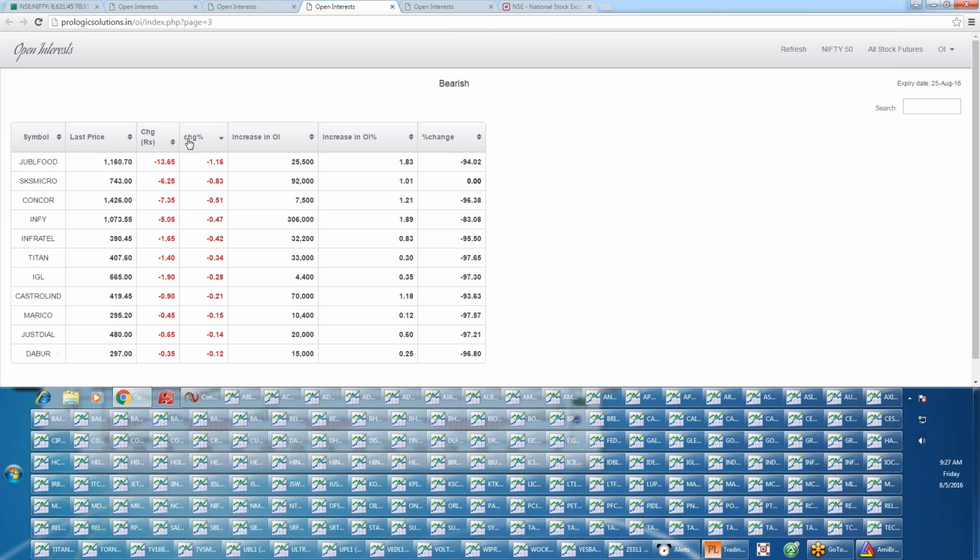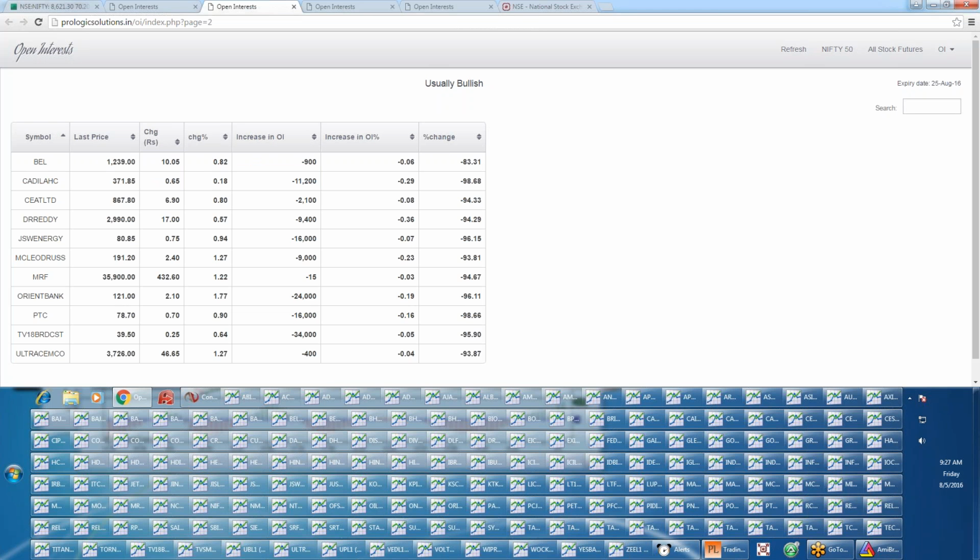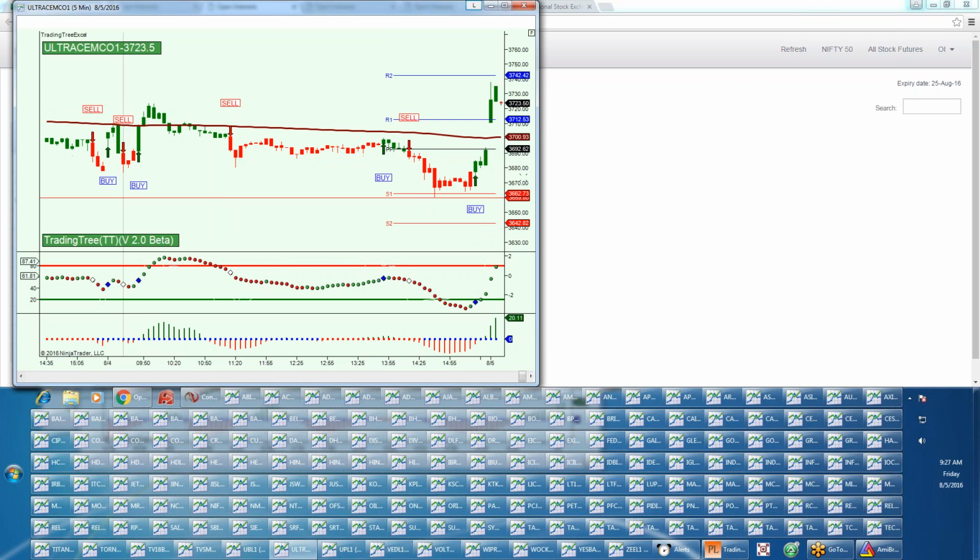And this is a percentage of change, and that's Jubilant Food is down. Since the market is moving up, we have most of the calls on the buy side. So here I'm clicking on change in open interest. So we have the percentage of price changes here. So that's Orient Bank, Ultratech. So you can see that here.